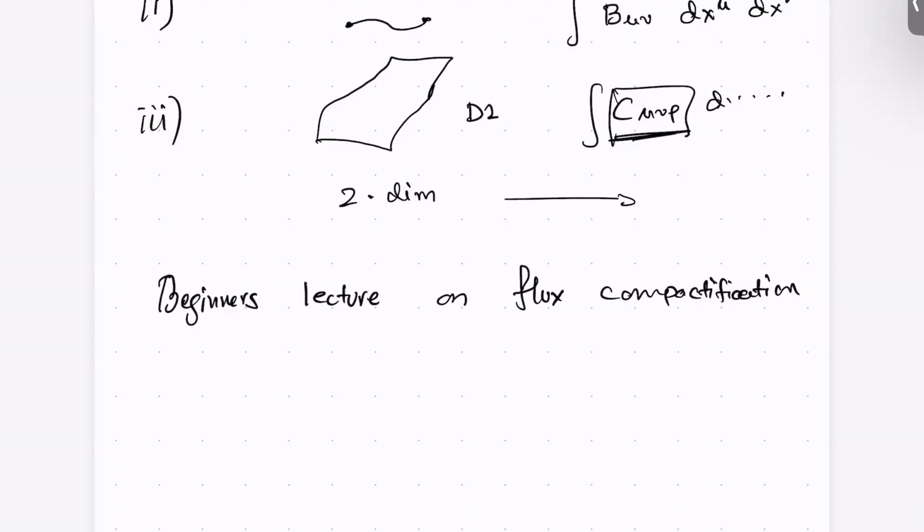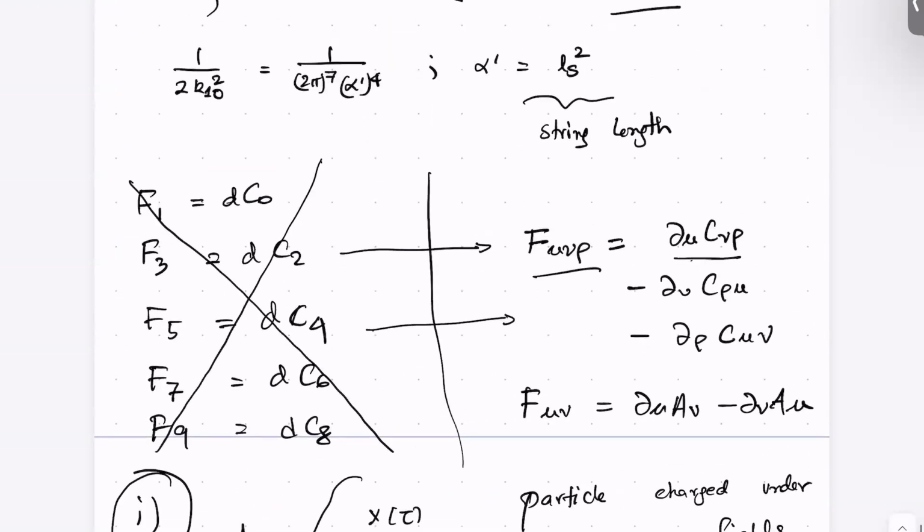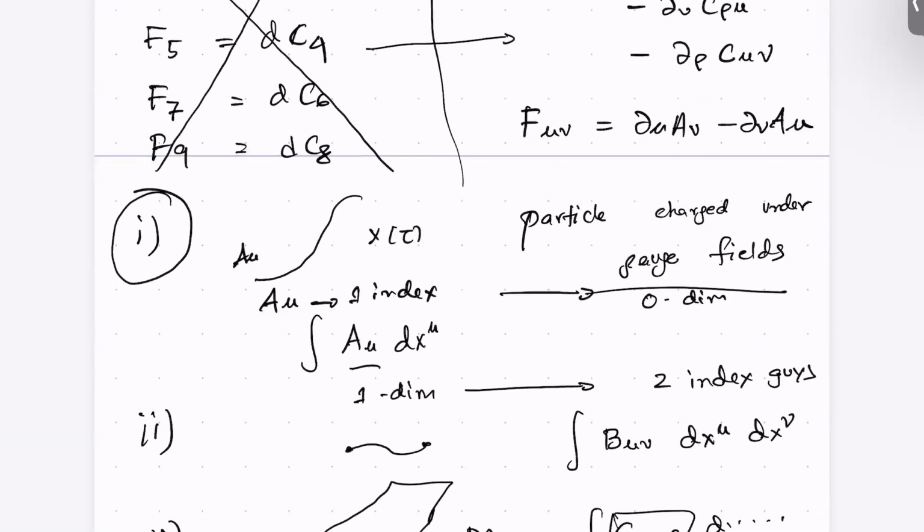Can you open it and tell me which section it is? By this guy called Thomas Van Riet, where if you have the gauge field, you can construct the equation of motion, right? We've seen this in the QFT classes. If you have a gauge field, if you have a field strength, do the variational calculus, Euler-Lagrange, whatever you want, arrive at the equation of motion.